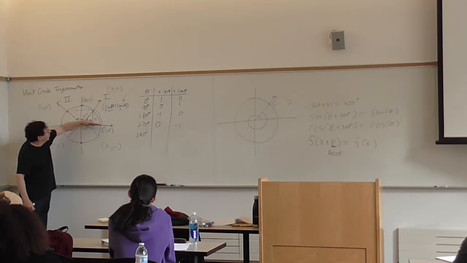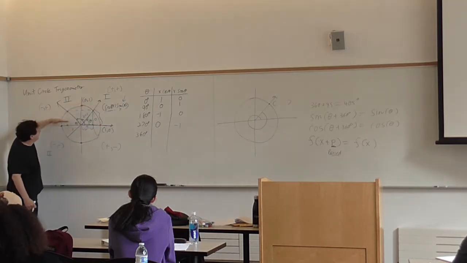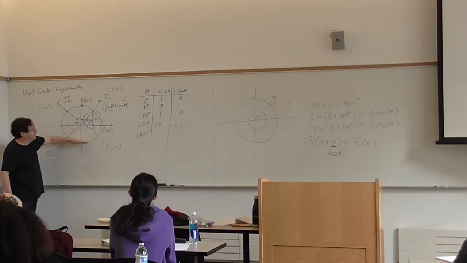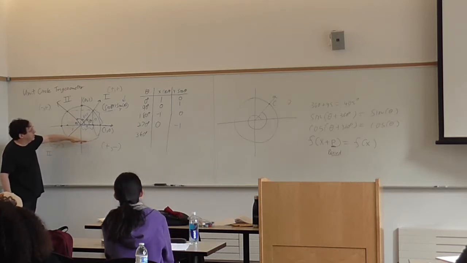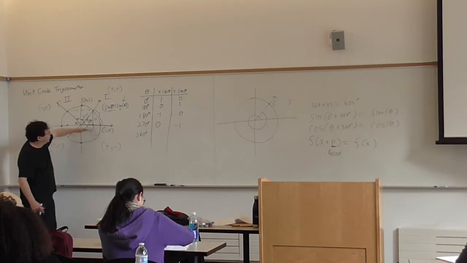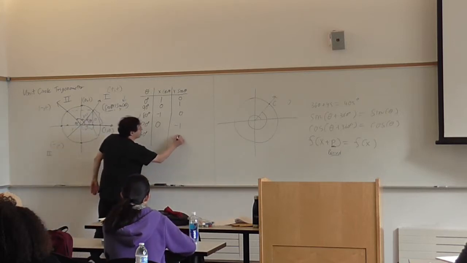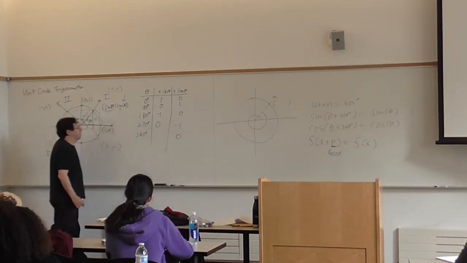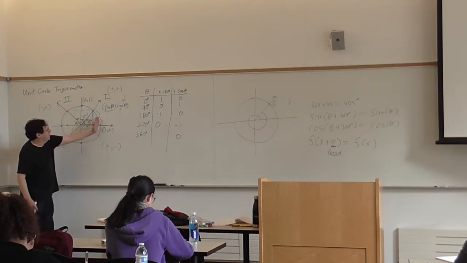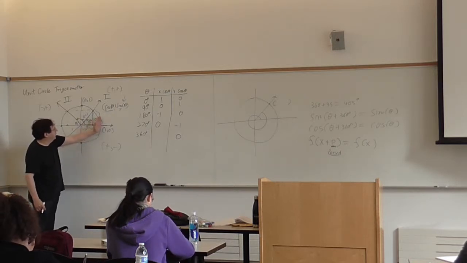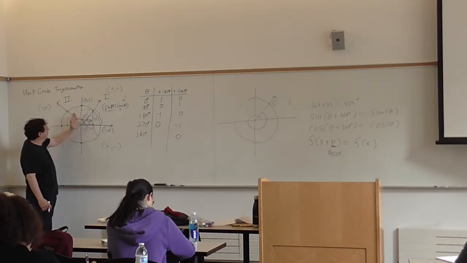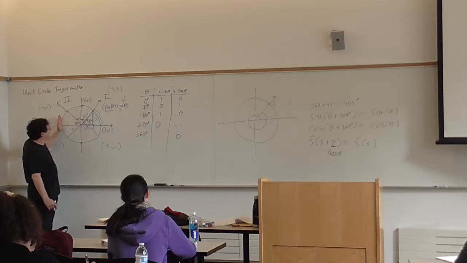It went from 0 up to 1, down to 0, now down to -1 again. And of course, when it gets back up here to 360, it's going to go to 0 again. And the cosine starts at 1, comes into 0, goes out to -1.